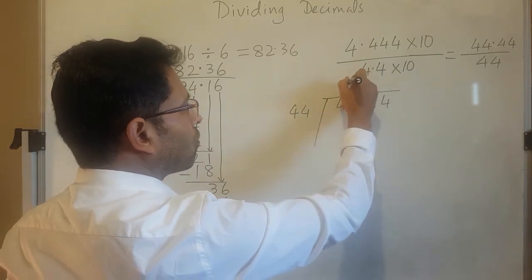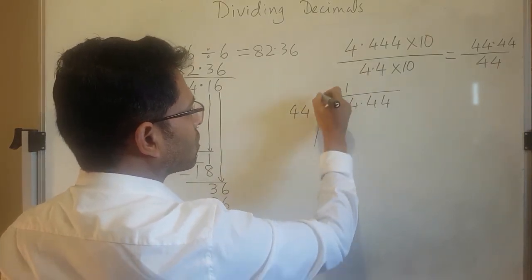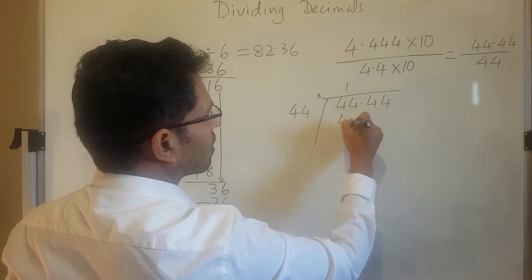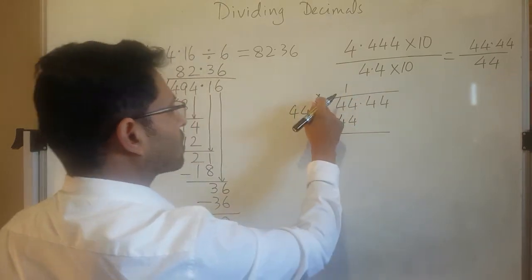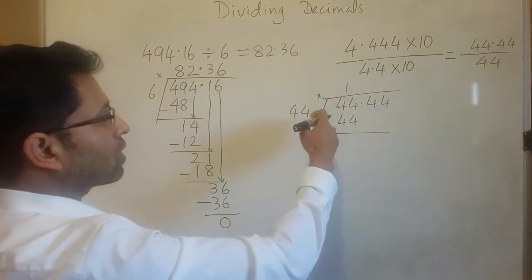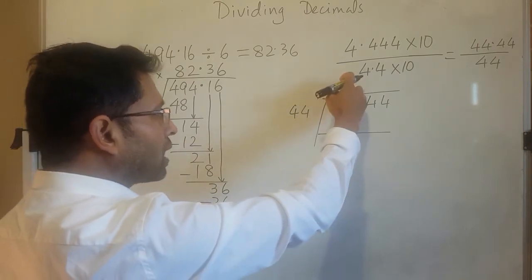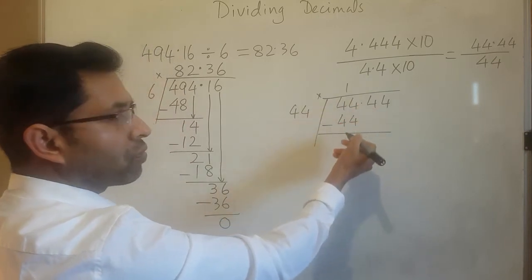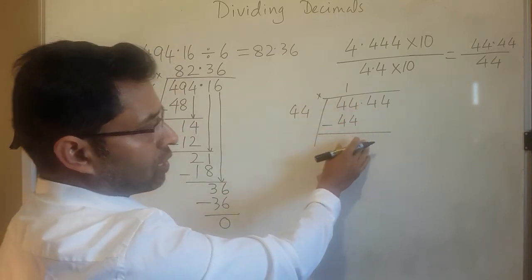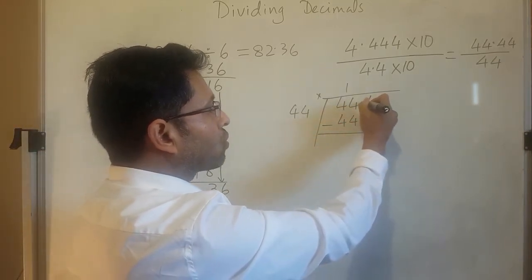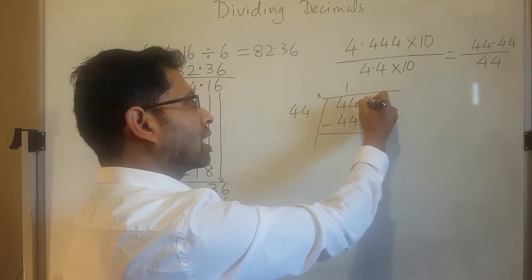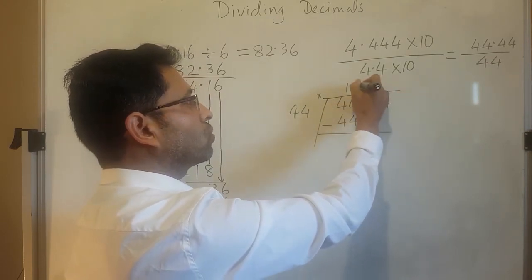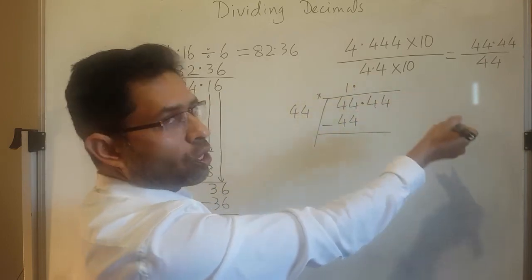Dividing this, 44 goes 1 time, so 44 times 1 gives us 44. I'm putting the times sign so that you don't get confused that we are multiplying to get the value here. After that we subtract, so 44 minus 44, there is nothing left. But now we have to go for the next digit, which is after the decimal, so we need to put the decimal when we go beyond that point.